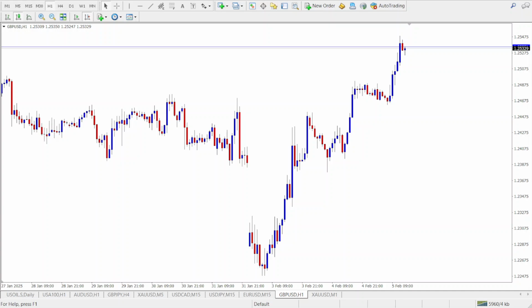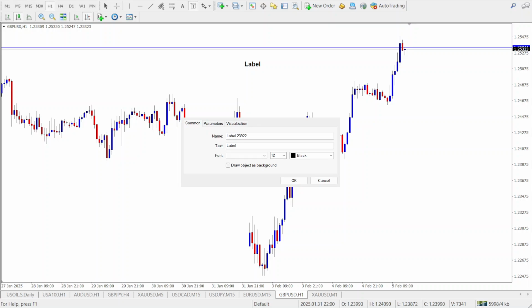If you are looking for a reliable price action pattern that can help you catch strong market moves, then this video is for you. We're going to be diving into the drop base rally. It's a nice setup.